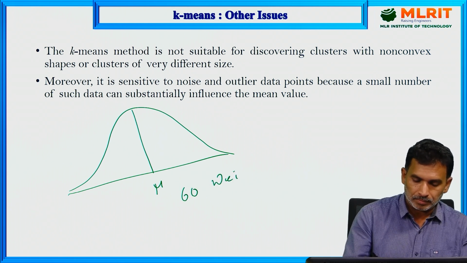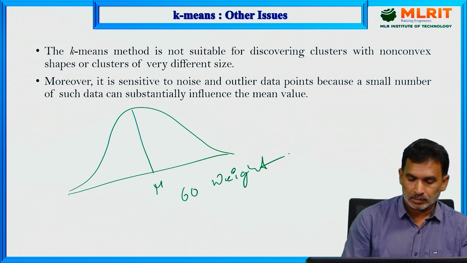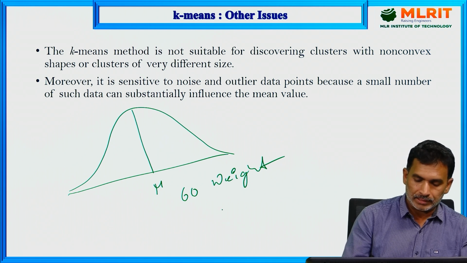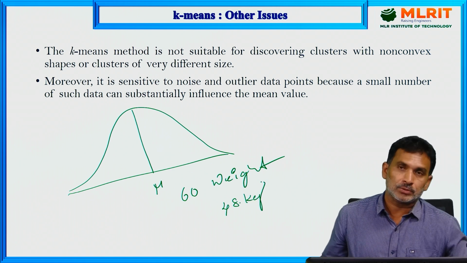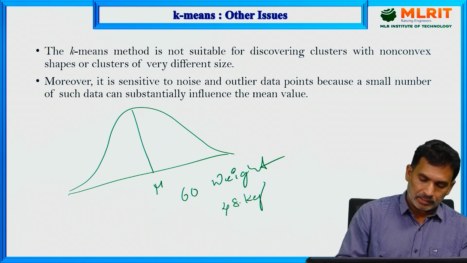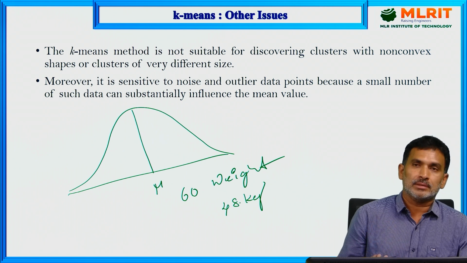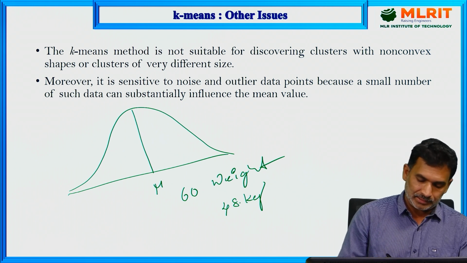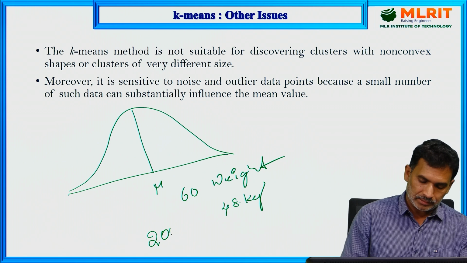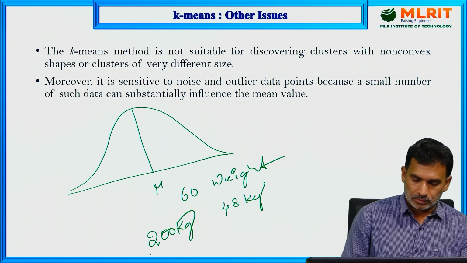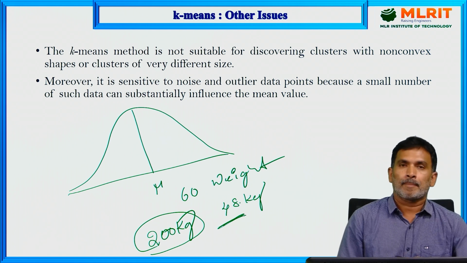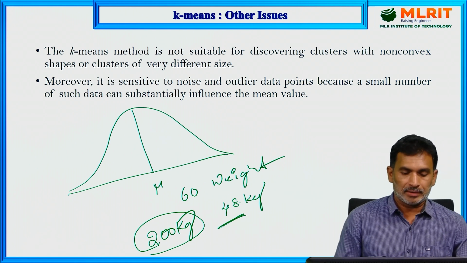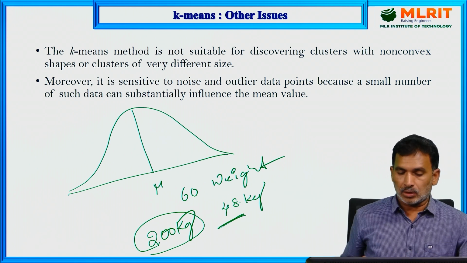Say the average weight is 48 kgs. Now imagine there is an outlier present in this data set, like 200 kgs. It would influence the average weight. That's why it is sensitive to noise and outlier data points.